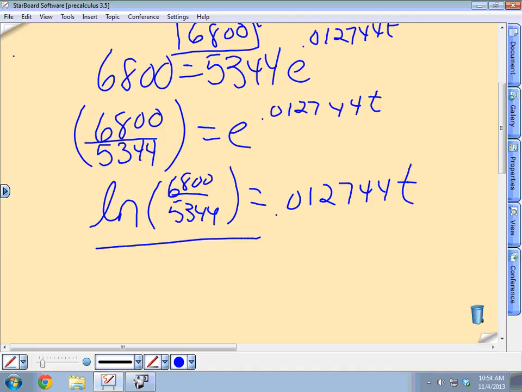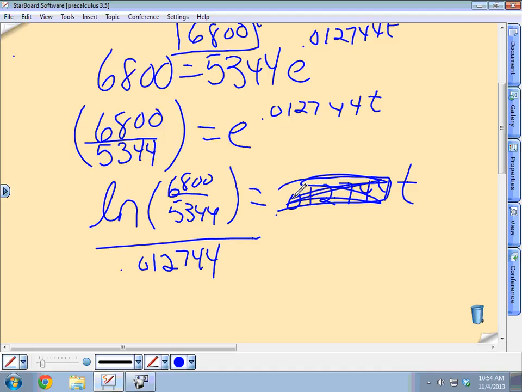Oh, wonderful. And if I divided this whole thing by 0.012744, I'd be left with t, right? And so you can throw that into a calculator. Oh boy. And we did something wrong. 18.